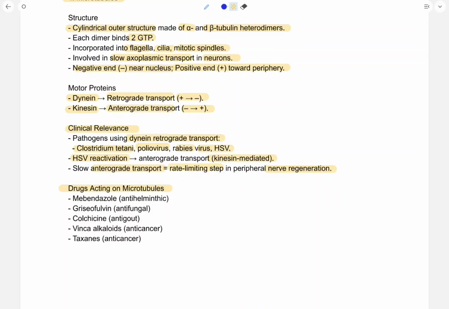Mebendazole is an antihelminthic drug that acts on the microtubule. Griseofulvin is antifungal. Colchicine is an anti-gout drug. Vinca alkaloids are anti-cancer drugs, and taxanes are also anti-cancer drugs; they all act on the microtubules within the cell.